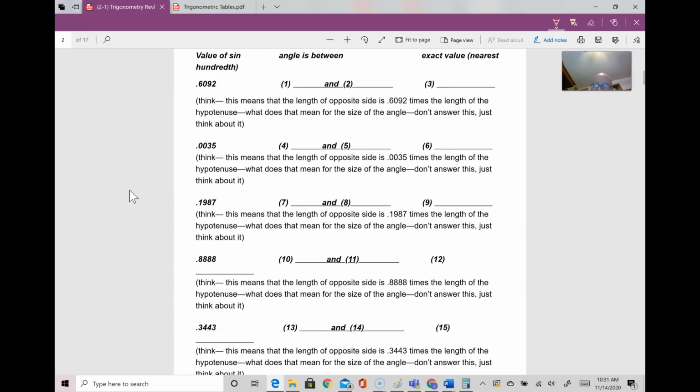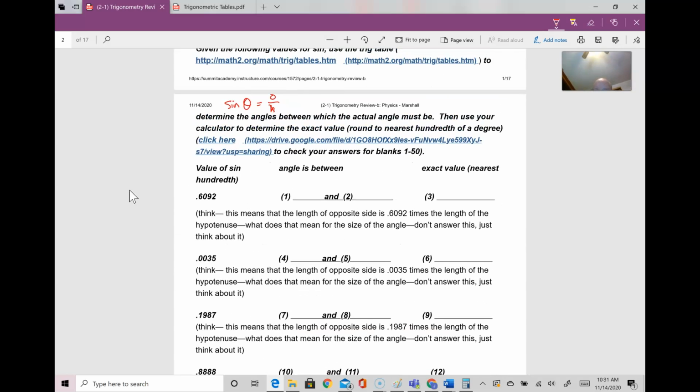Oh, and by the way, there's one thing that I'd like you to think about as you're doing these. As you're looking at this, I want you to actually think about what the sine means and understand that it means the length of the opposite side is 0.6092 times the length of the hypotenuse. What does that mean for the size of the angle?